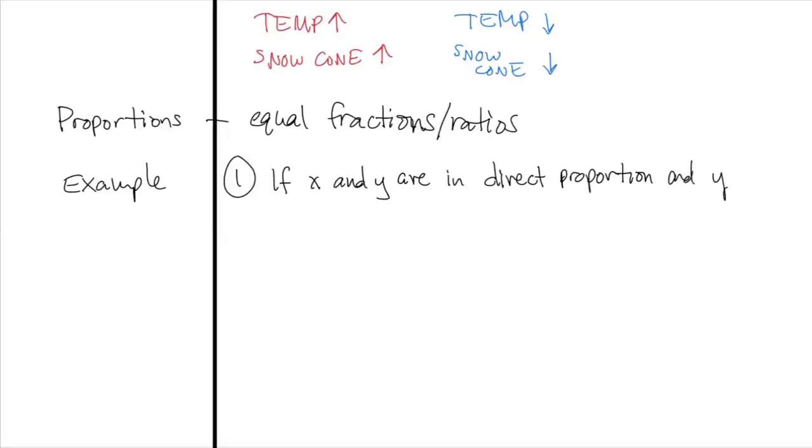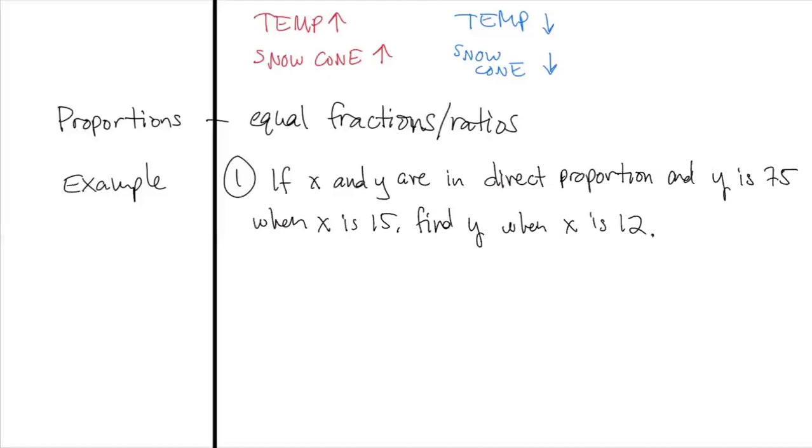And I know Y is, let's say, 75 when X is 15. I need to find Y when X is 12. If X and Y are in direct proportion and Y is 75 when X is 15, find Y when X is 12. Go ahead and write that problem down.